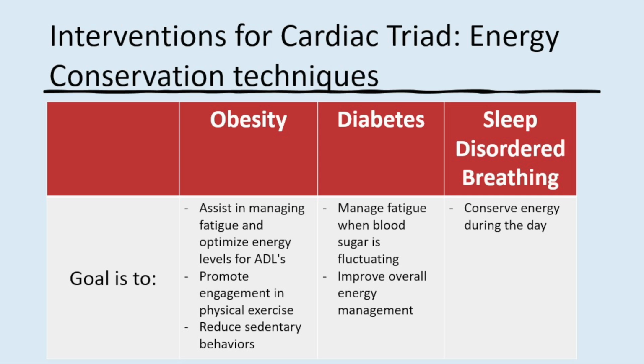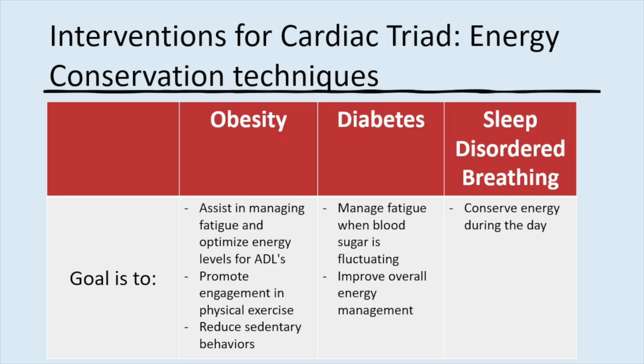Next is one that we're all sort of familiar with, and they are energy conservation techniques. They can be used in all 3 aspects of the cardiac triad. As OTs, we all know the 4 Ps, the plan, pace, position, and prioritize.